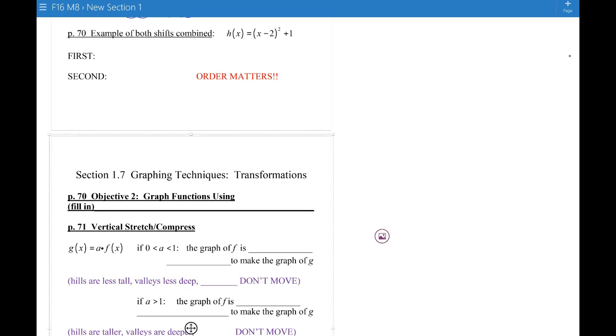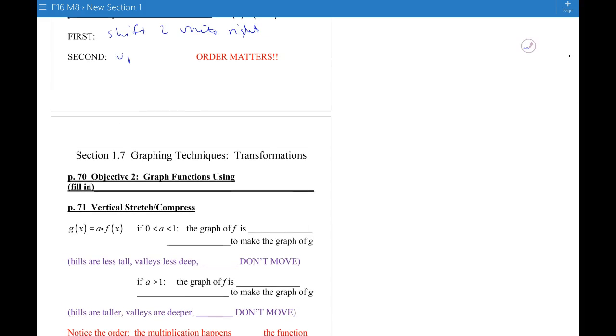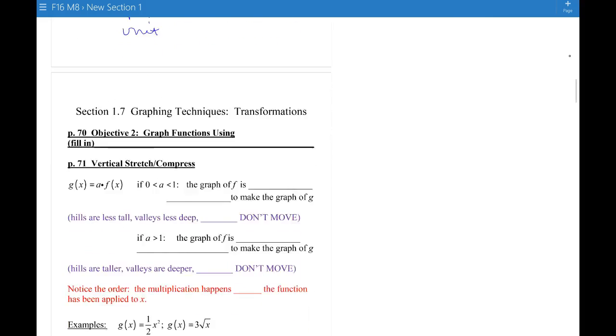The first thing that's going to happen is you're going to shift 2 units to the right because that's happening before the function of squaring is happening. And then the second thing that's happening is you're going up 1 unit. So the order matters. You work from the x, what happens to x first, and then outward.